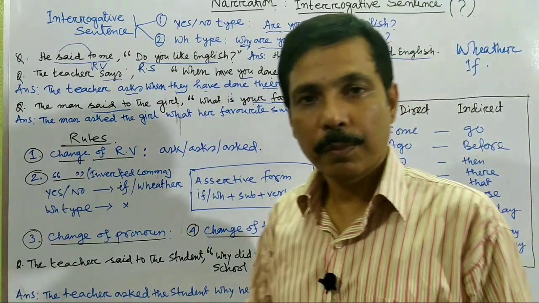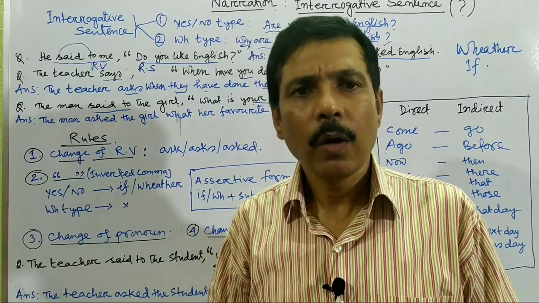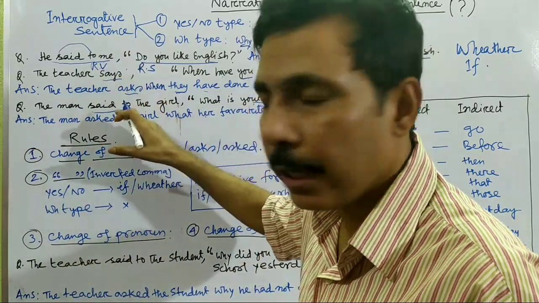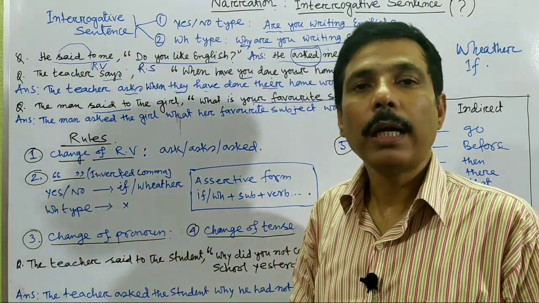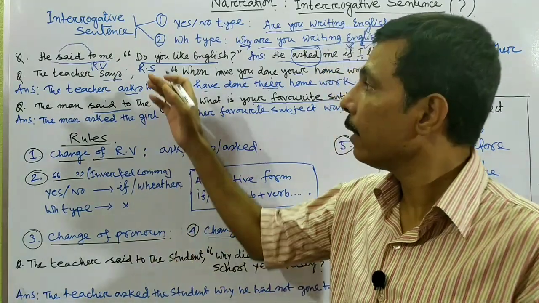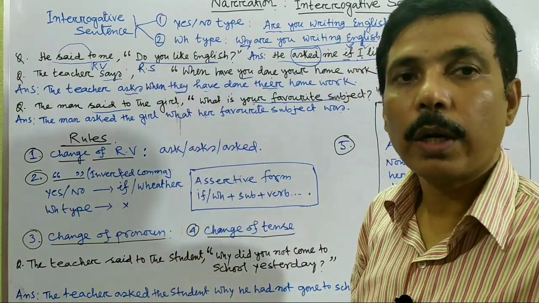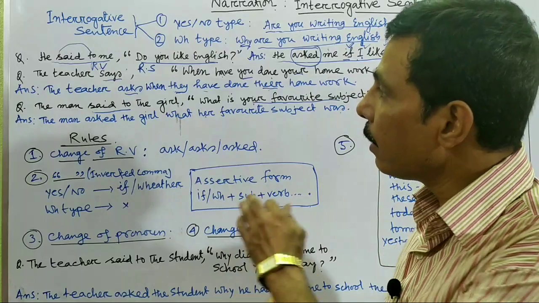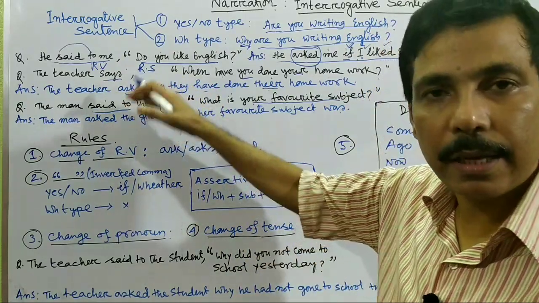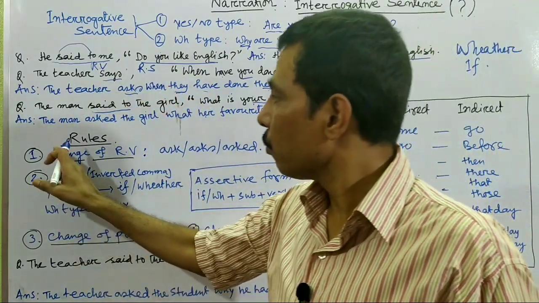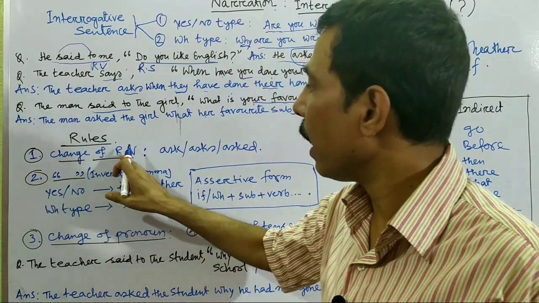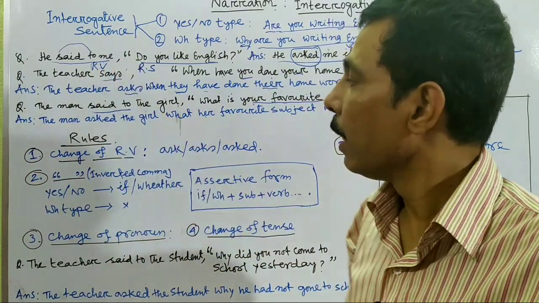So now we conclude. We look at these changes and come to a conclusion. What are the things which changed? What remained unchanged? Why did these changes happen? So the first rule is the change of RV, that means reporting verb.